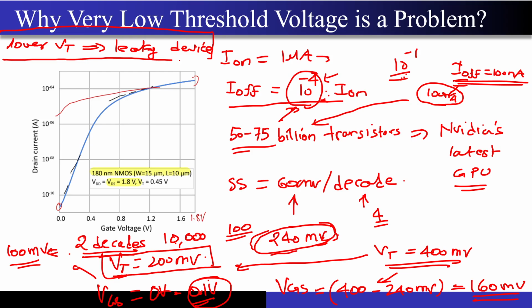Now you know the reason why lower VT means leaky device: you don't have enough room on the lower side to reduce your gate to source voltage to a value which would have reduced the current by this 10 to the power 4 factor. So your MOSFET will still consume some current even if you make VGS 0.1 volt.